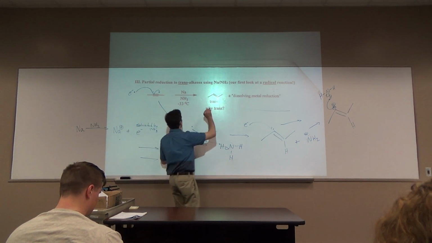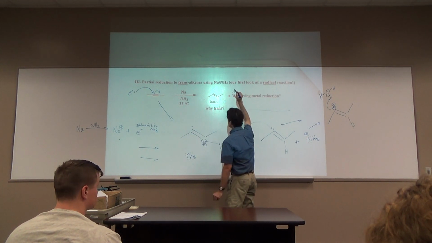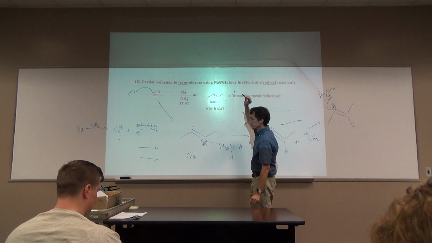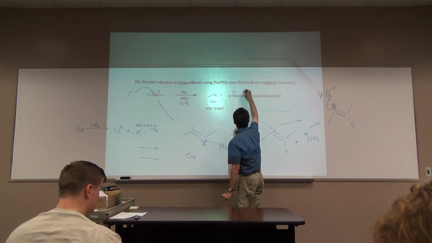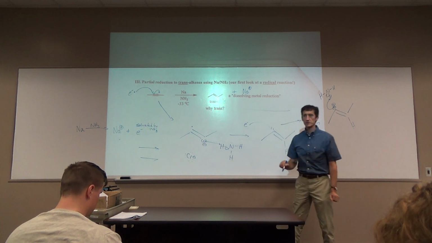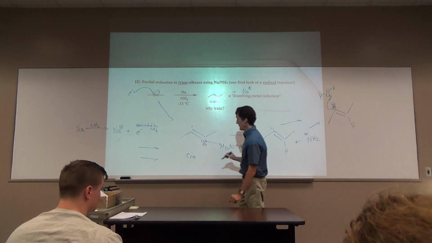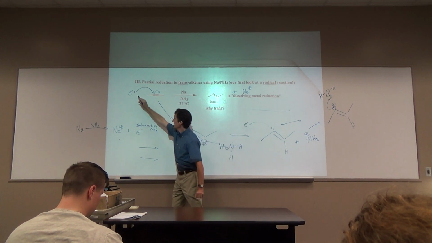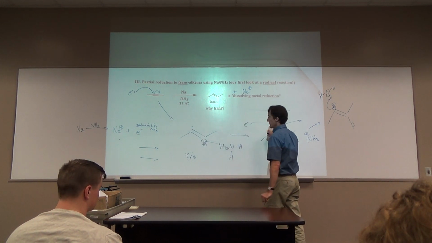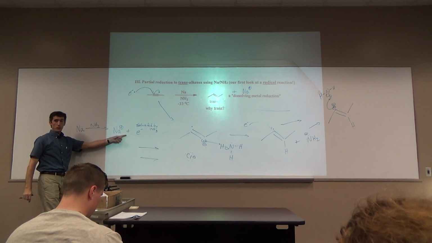If we show this, what do we get? We got that plus what? We got Na plus. How many of those did we generate? Well, we needed 2 electrons. 1 electron here and 1 electron there. So how many sodiums did we need? Each sodium gives you 1.